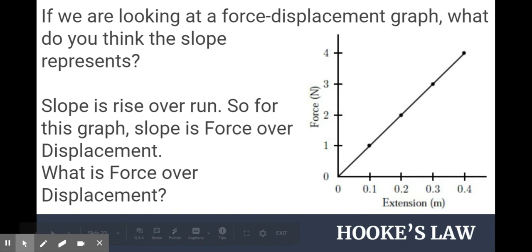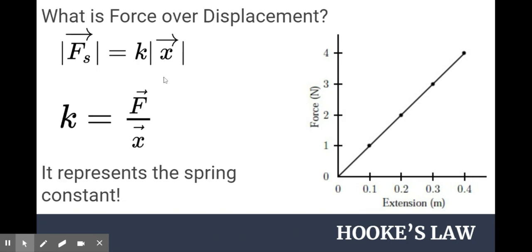Our rise is force, our run is displacement. What would force divided by displacement be? Well, that's going to bring us to Hooke's law. If we take our Hooke's law equation and solve for the spring constant, the spring constant is equal to force divided by displacement. So the slope on a force displacement graph will tell us the spring constant.